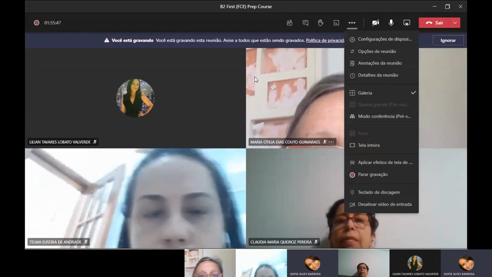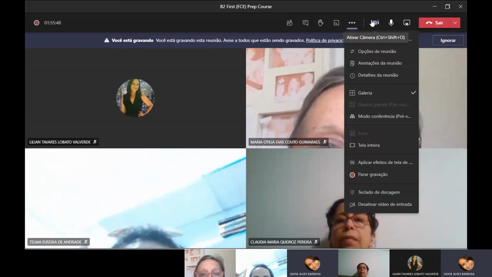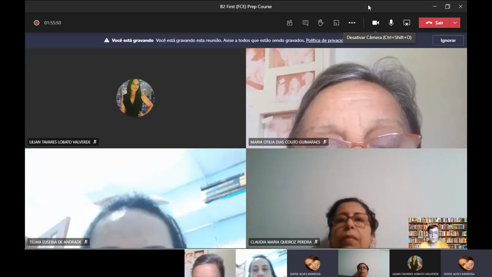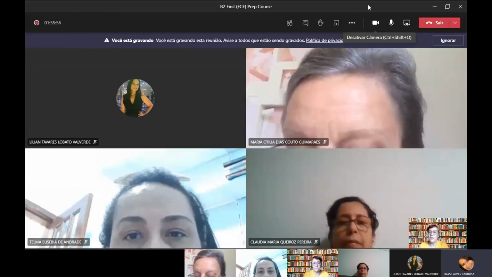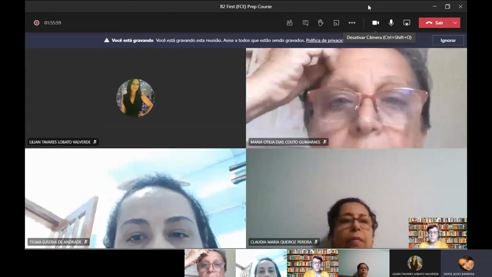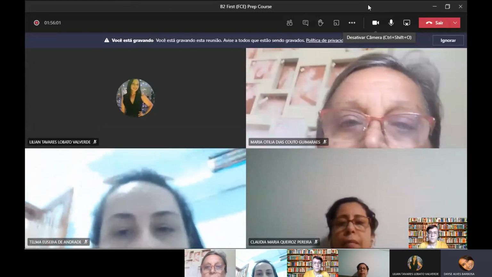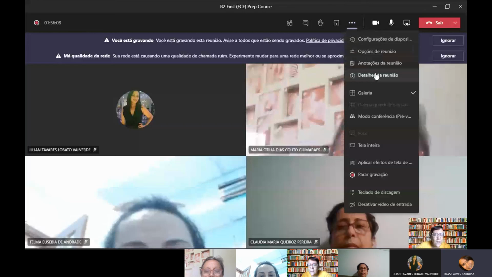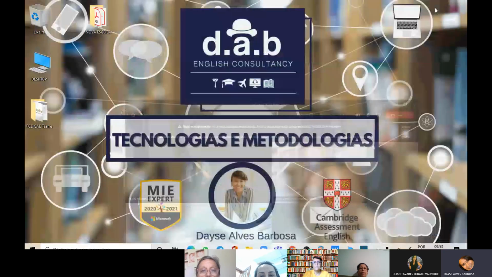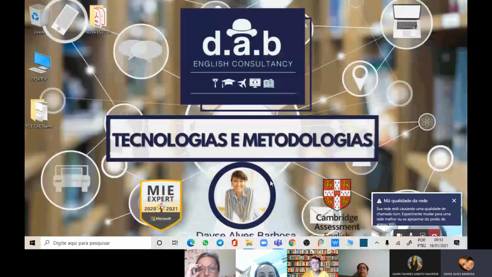I really don't know how to, because I wanted to show you the notebook area, but as I am having difficulty showing you the areas of Teams, I'm going to record a short tutorial and post it on Teams, so you can see where you can find the notebook area. I don't know why I can't. I always did that, but today I'm finding it difficult. Okay, the connection is not okay. Today it's slow. Let me stop sharing.